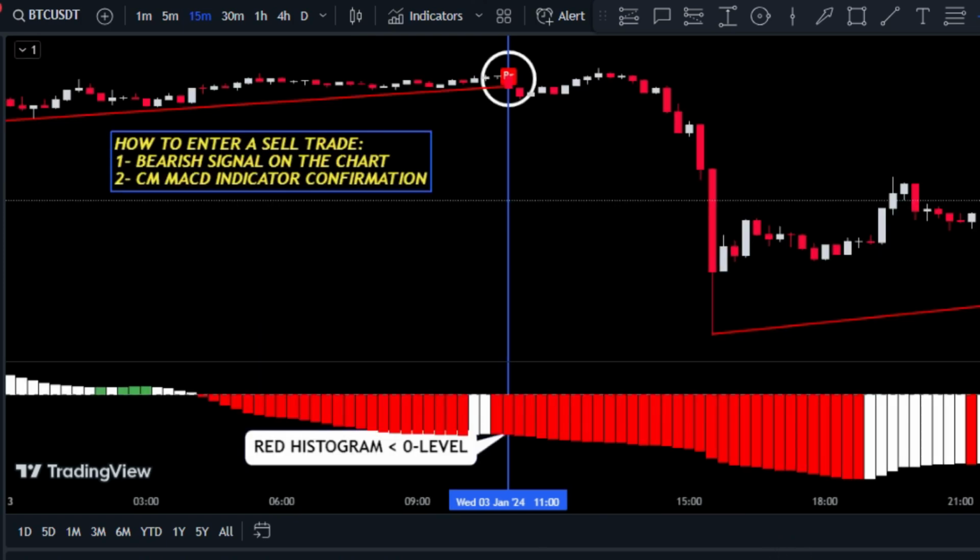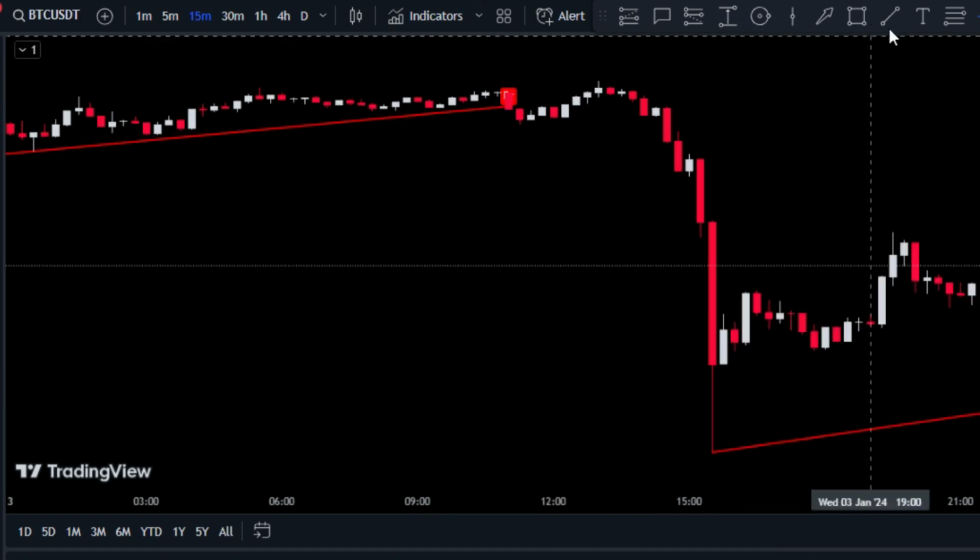So if both these conditions are met, we can go ahead and enter a short trade.